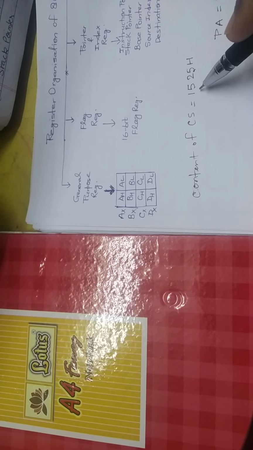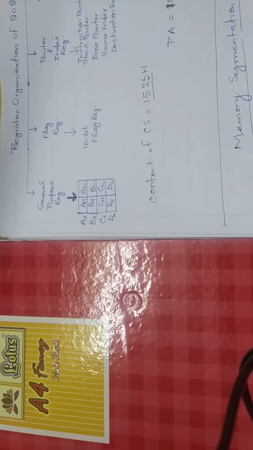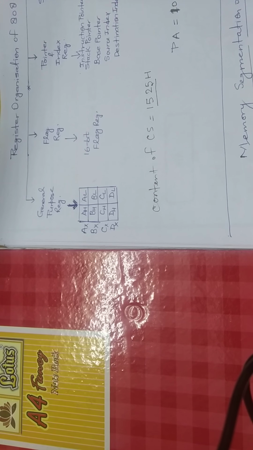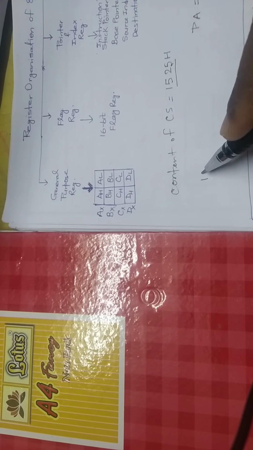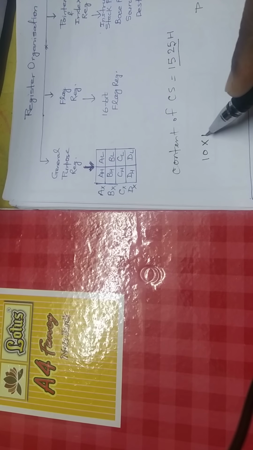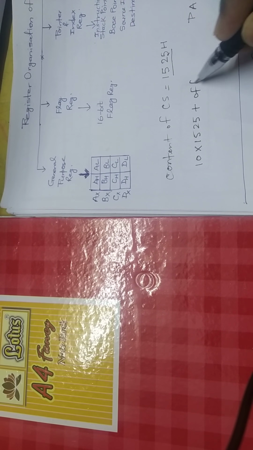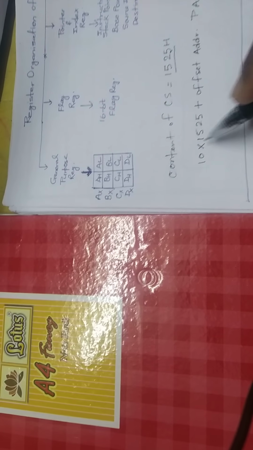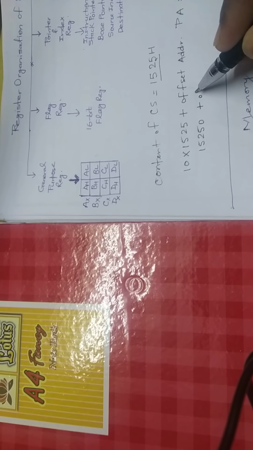This content shows the upper 16 bits of the starting address of the code segment of memory, and the physical address of the memory can be obtained by multiplying 1525 by 10 and adding the corresponding offset address, that is 15250 plus offset address.